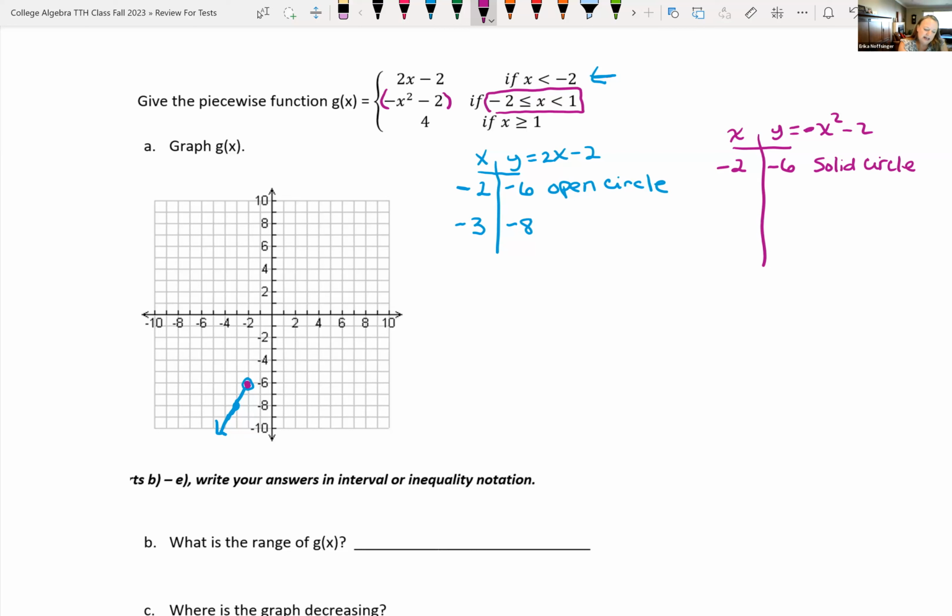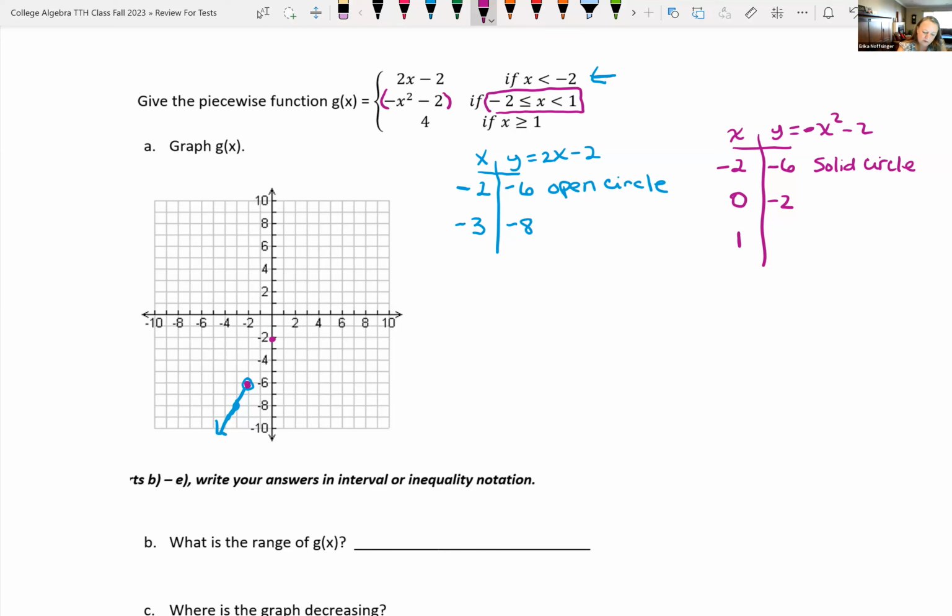I know that this, by transformations of graphs, this -2 is shifting it down 2, and this negative in front of the x squared is reflecting it across the x-axis. So knowing that, I actually know at 0, I'm going to have a vertex. So at 0, I get back -2. And 0 falls between -2 and 1, so I'm okay.